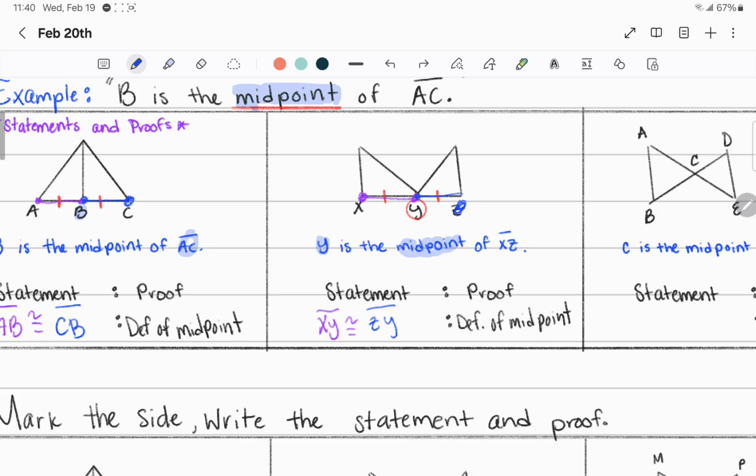So they don't always use midpoint, but most likely it will be midpoint. If it mentions midpoint, then you use midpoint. So these three shapes usually go with midpoint. So you guys start memorizing what goes with what. As soon as you see the type of triangles, it will also help you with your statements.